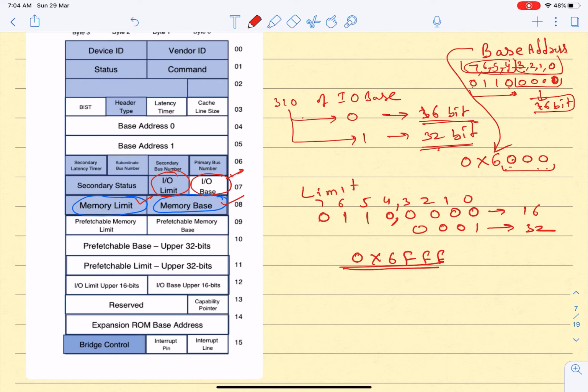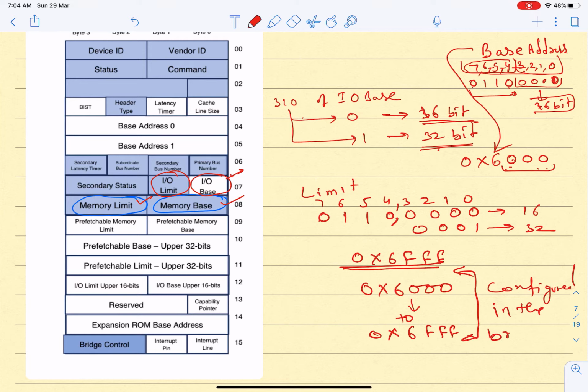So what will be the base and limit for 16 bit IO? Starting from 0x6000 to 0x6FFF. This is the base and limit region. Limit is configured in the bridge register.